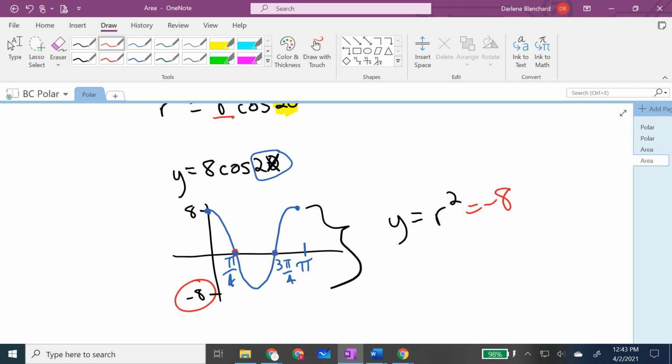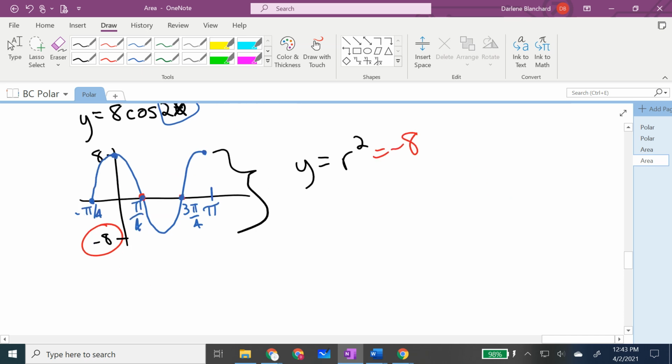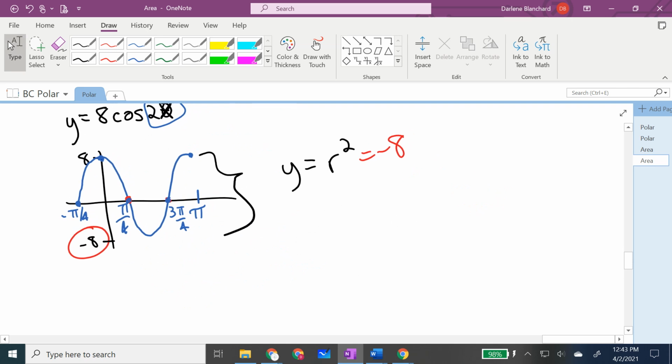So anyway, you need to know that you do not want to integrate where the r squared is showing up as a negative value. And what I'm going to do, I love to graph from where r is 0 to the next time r is 0. I find that to be the easiest way to graph my polars.